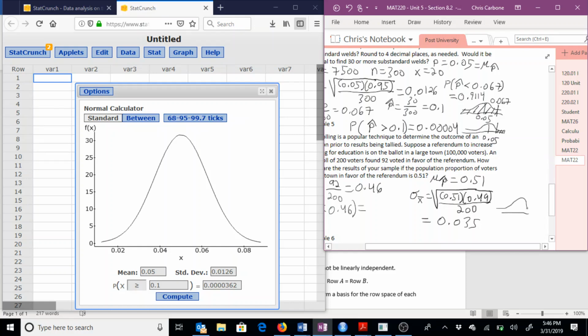A very rough sketch of this, of 0.51 here, and then 0.46 will be over here. And we want to determine the area to the left of that.